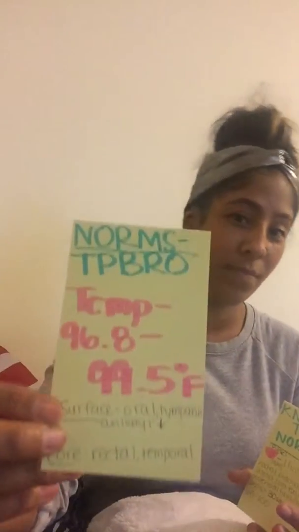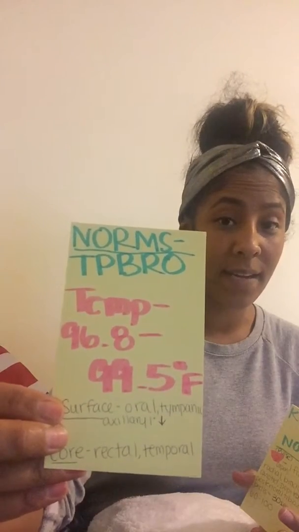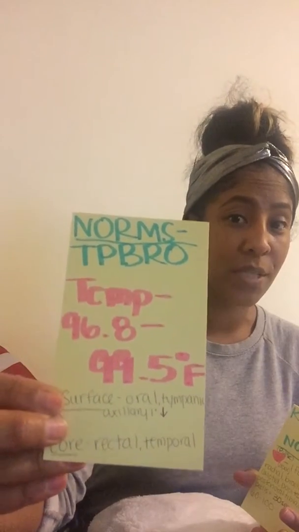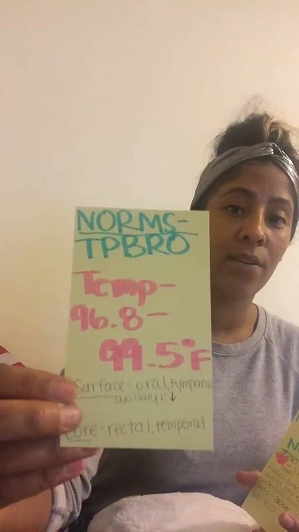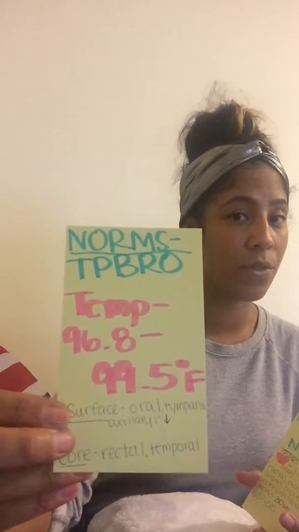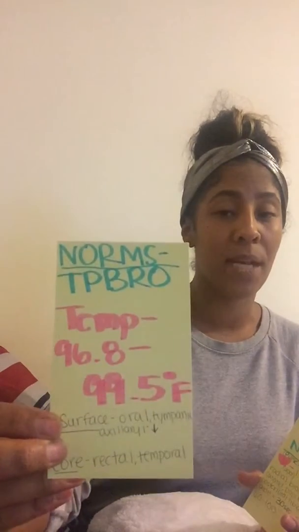So for your norms of temperature, you want to be anywhere between 96.8 and 99.5 degrees Fahrenheit. These are normals. So anything outside of that, you are going to be a little concerned, or you might want to retake. Give it some time and retake and make sure.